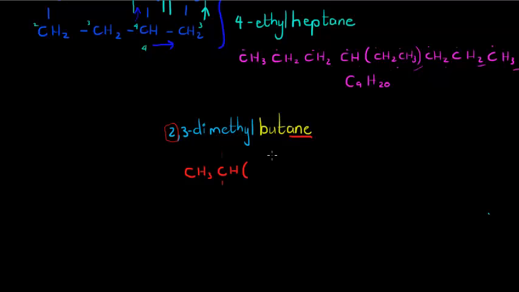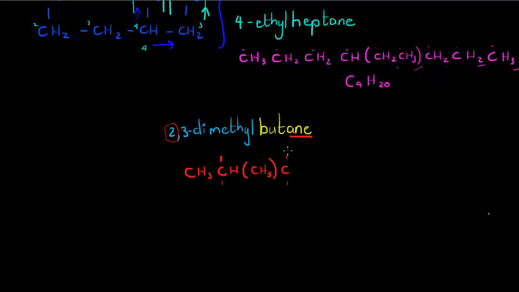The group was a methyl, which we know is just CH3. It's 1 carbon, and that carbon has 1 of its bonds with this carbon, and the other 3 bonds have hydrogens attached. Then we go to our next carbon. Again, this second carbon has 2 bonds, because it's not the last carbon, which has 3 available bonds.